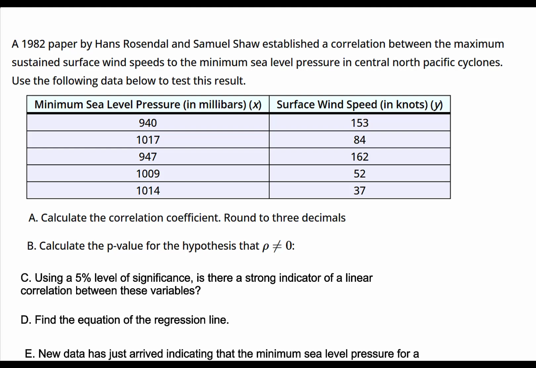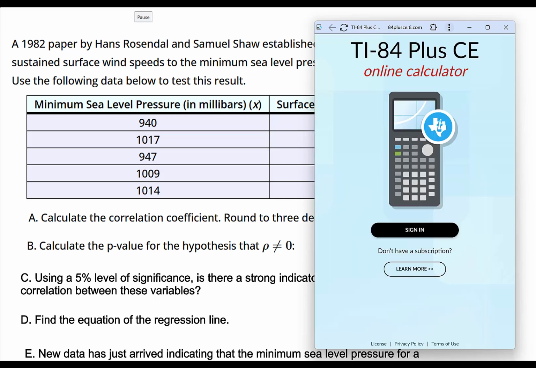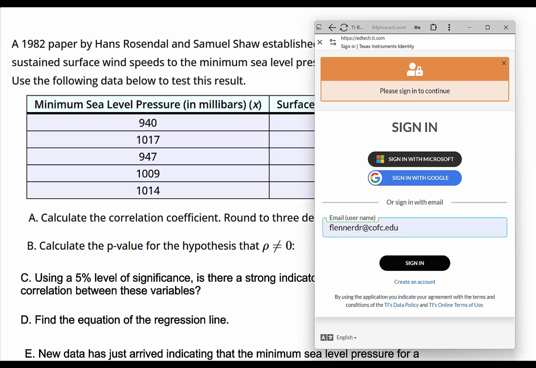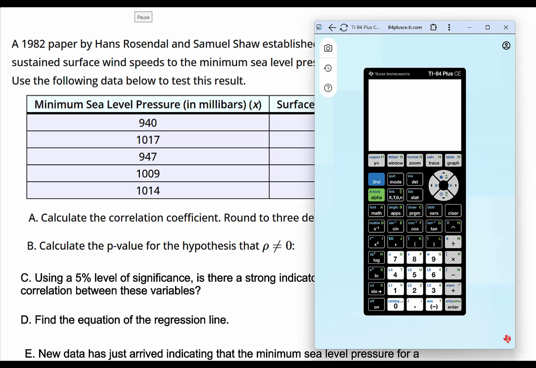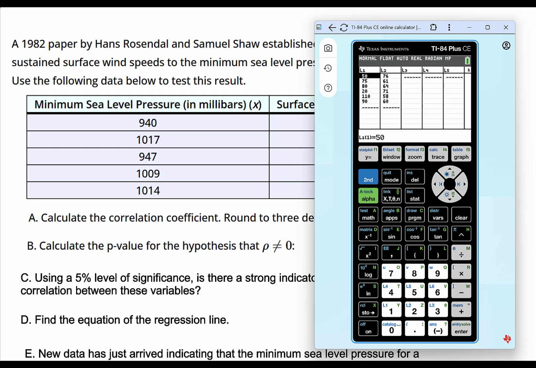Well, to do that, we will use the calculator here. And it doesn't really matter if you're using a TI-84 or TI-83 or the online stats calculator. They all work basically the same in this respect. So the first thing that we need to do is to input the data into a list. So we'll go into our list editor, and the X data will go into L1.